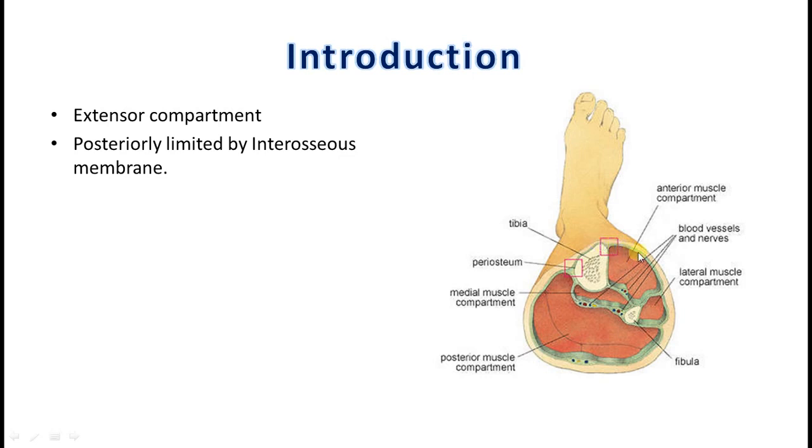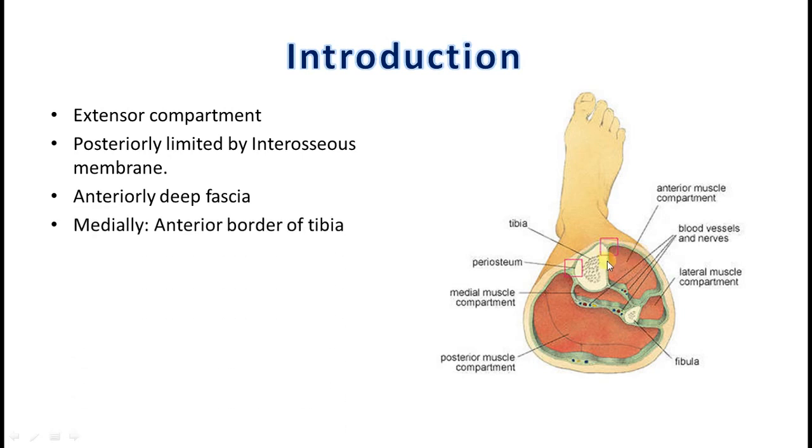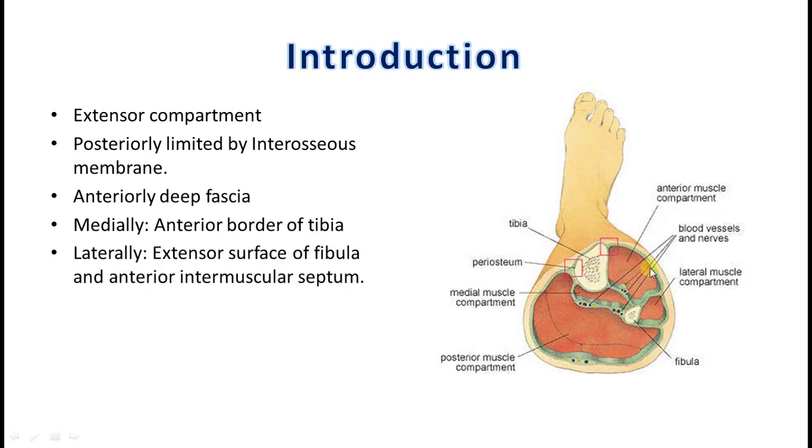Anteriorly it is limited by the deep fascia, the fascia cruris of the leg. Medially is the tibia and the anterior border of the tibia, and laterally the fibula and the anterior intermuscular septum.